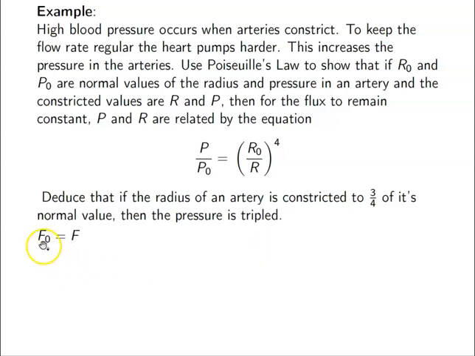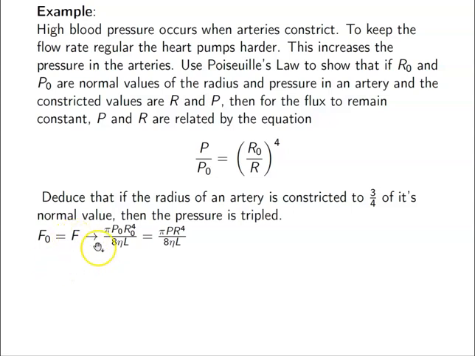Okay. So my initial flow has to equal my new flow, because the constriction changes and the pressure changes in order to keep the flow rate the same. So my initial flow and my ending flow rate are equal in value.